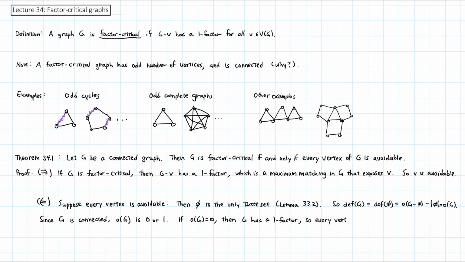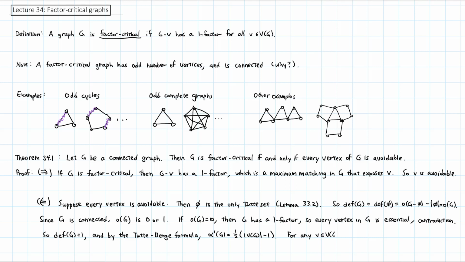So every vertex in G is essential, and that contradicts our assumption that every vertex is avoidable. So G must be an odd component, and the deficiency of G is 1. And by the Tutte-Berge formula, the size of a maximum matching in G is half of the number of vertices minus 1.